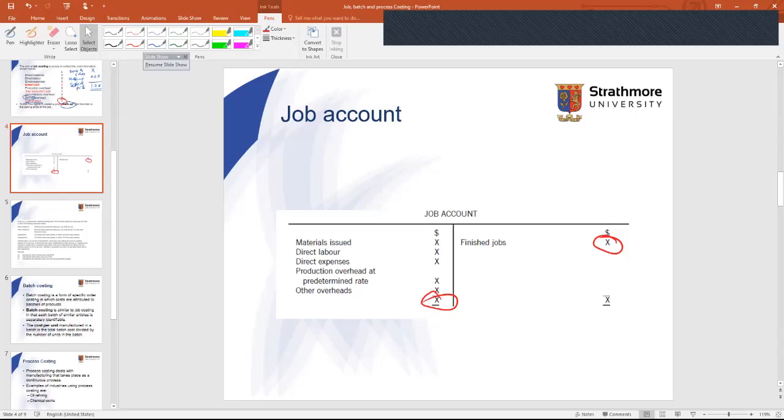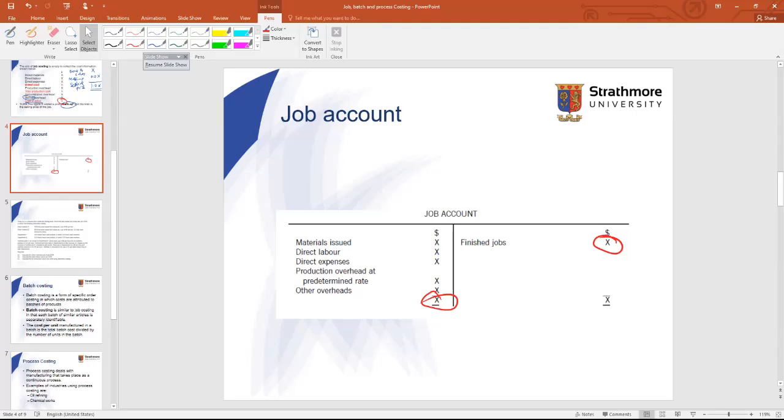Okay, but if you go back to what the question was asking of us, can you see part A of the question? The account should only show the cost of production. So the examiner was really explicit: only show the production cost and not the full cost. Can you see that? Yes, so it's only because of the question that we didn't include it. Yes, because of the question. Okay, thank you so much.